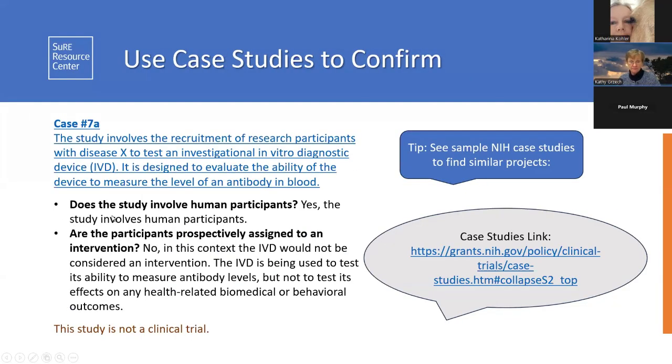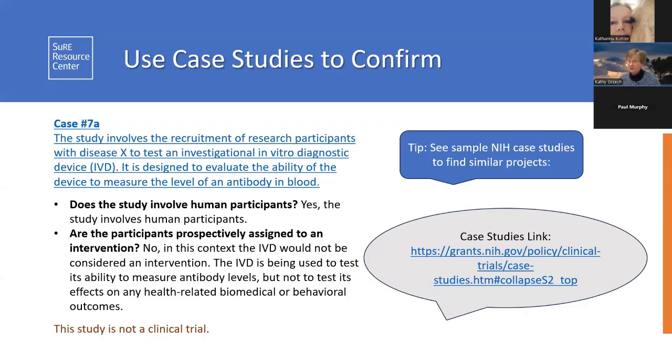Here is case 7A. This is actually a scenario that happened on our campus. The study involves the recruitment of research participants with disease X to test an investigational in vitro diagnostic device. It is designed to evaluate the ability of the device to measure the level of an antibody in blood. So questions: does the study involve human participants?